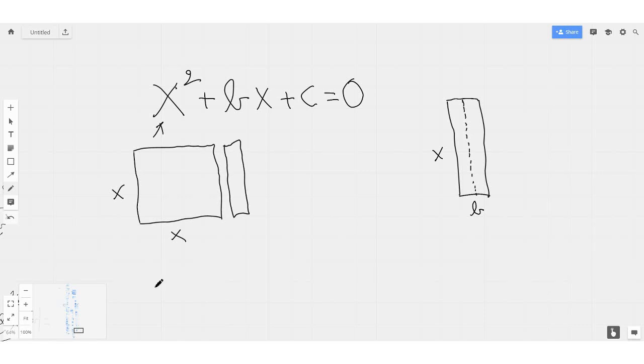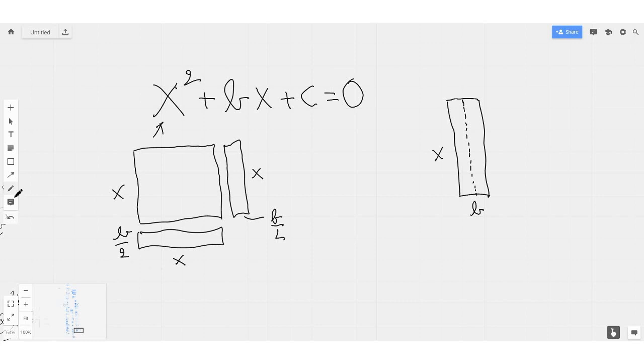So this will be x again. This will be b over 2. Then we can put another half of the rectangle here. Then we get, again, we have x, and the other side is b over 2.